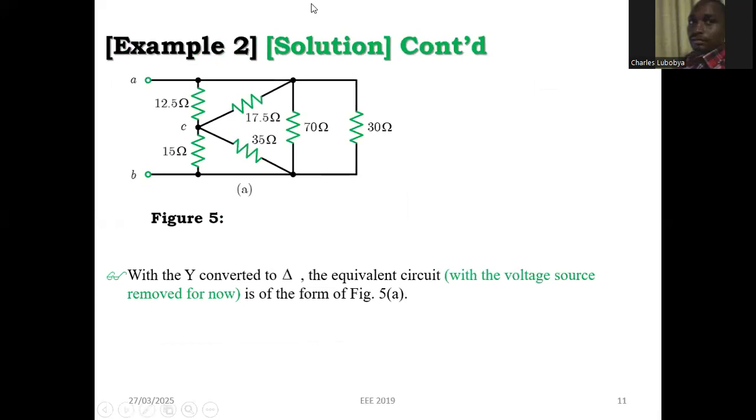So you redraw the circuit and you discover that your star circuit which you had around here has been reduced to the equivalent delta. Now the circuit can easily be simplified because you can see here that 70 is in parallel with the 30.